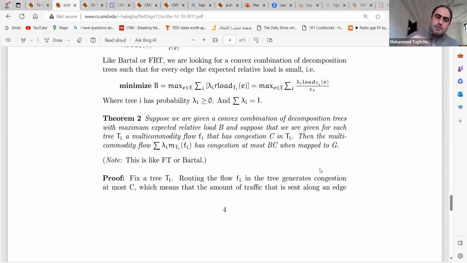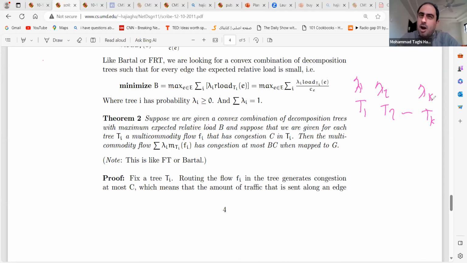One thing I wanted to mention is that in this probabilistic embedding into trees, I also want to connect this with oblivious routing. I didn't connect it yet. So here we have T_1, T_2 to T_k. These are the trees that we have here. And each of them has lambda_1, lambda_2 to lambda_k.